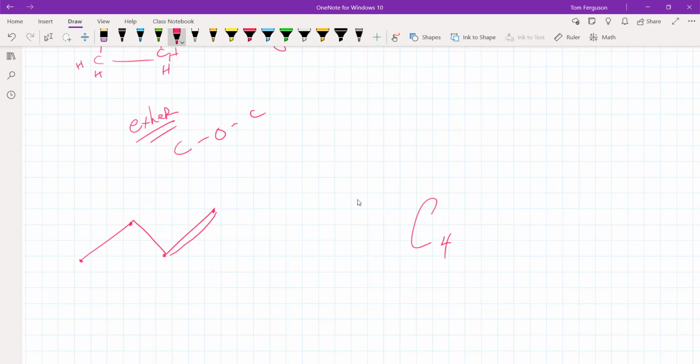No. Well, how many hydrogens do we have? Remember, carbon has 4 bonds. So that's 1, 2, 3, 4. So that's 3 hydrogens. Hydrogen, hydrogen, hydrogen, hydrogen, hydrogen. So that's 3, 5, 6, 8.